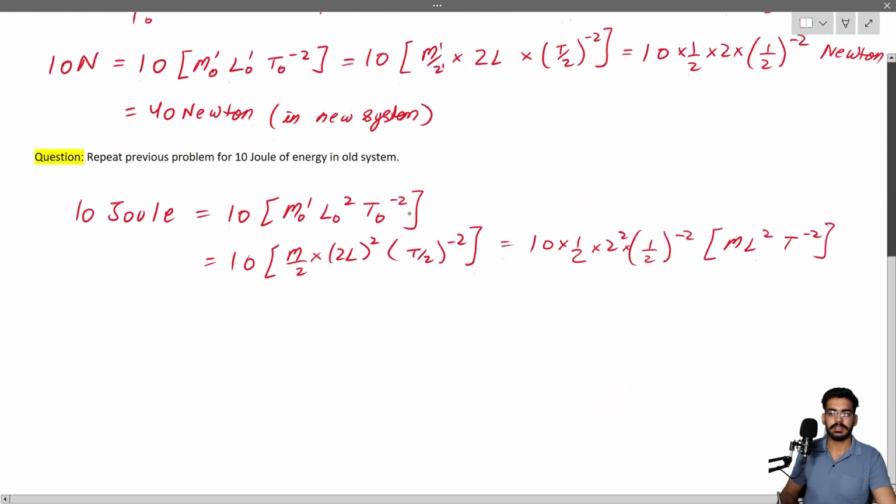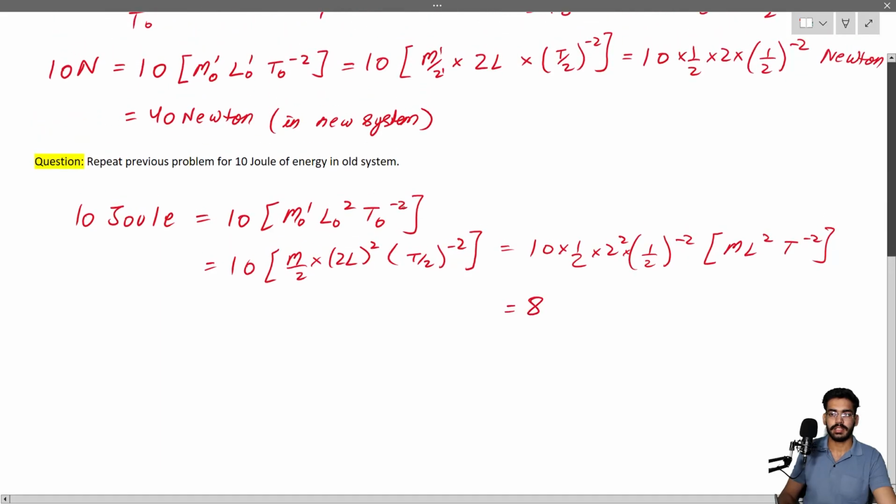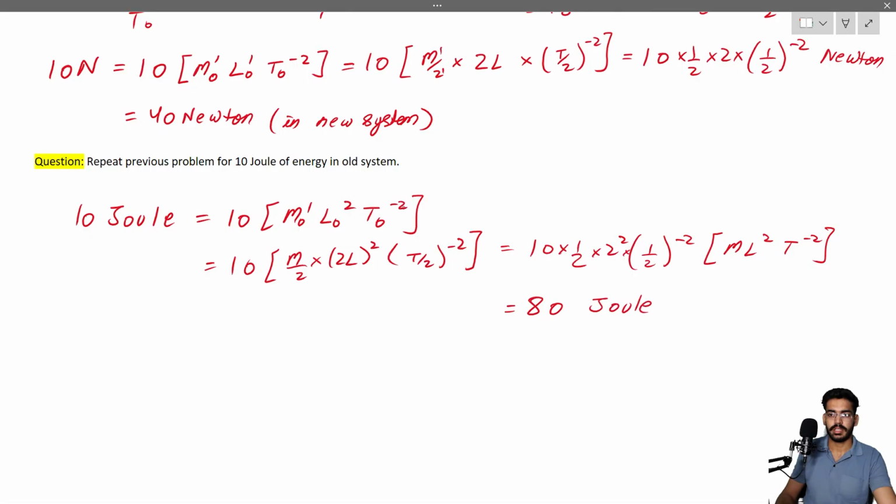And this is going to be 80, and this is my joule in the new system. I hope this is clear. So this is how we convert from the old system to the new system. Okay, thank you.